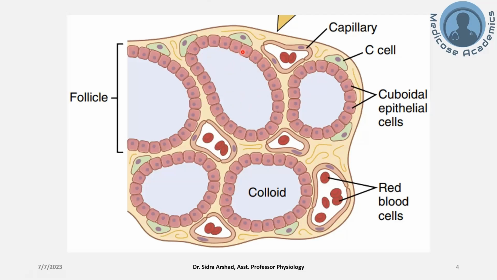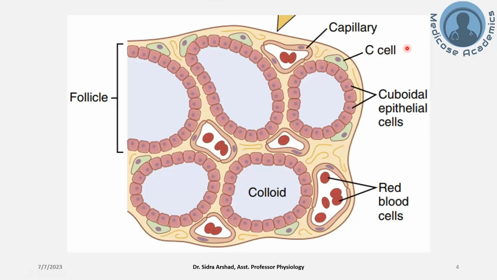These follicular cells are the site of synthesis of thyroid hormones and also the site of release. The hormone which is synthesized in these cells is released into the closely associated capillaries, and this is how these hormones travel in the blood once they are synthesized in the follicular cells. Also, very close to the follicular cells, you are going to see another population of cells which are known as C cells.